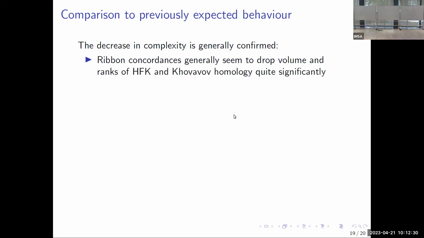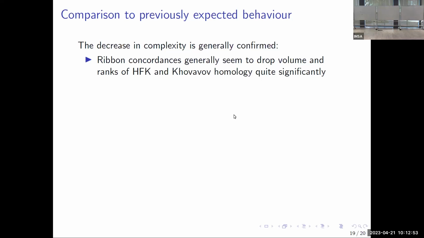I think people don't really talk about this because the number of crossings is not actually an interesting thing for knots, but clearly it is some measure of complexity, right? And what we found was that generally the number of crossings dropped a lot.